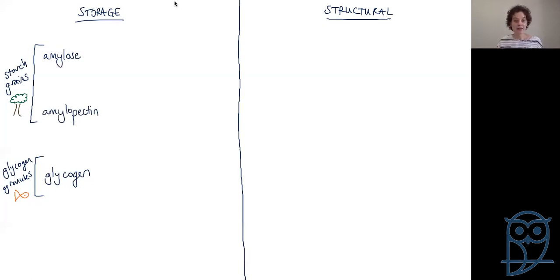So thinking now, diverting a little bit to structure, amylose, let's actually split here. So amylose is helical, whereas amylopectin is short branches.